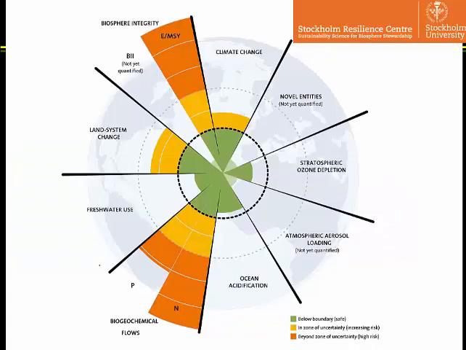Now you've seen this slide before. This is from the Stockholm Resilience Center. This is our dashboard, if you will, for looking at how humanity is living on the planet. There's 9 different wedges here to the circle. These are the 9 different indicators of how well we're doing when it comes to living sustainably on the planet.